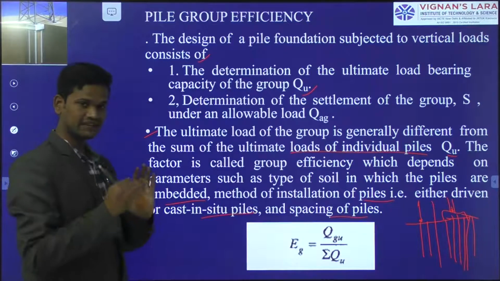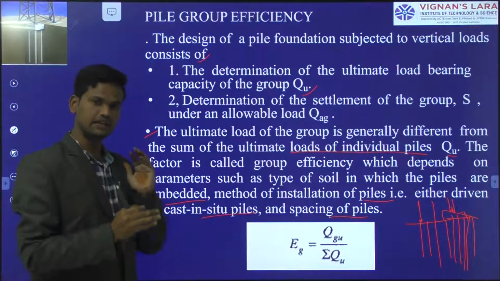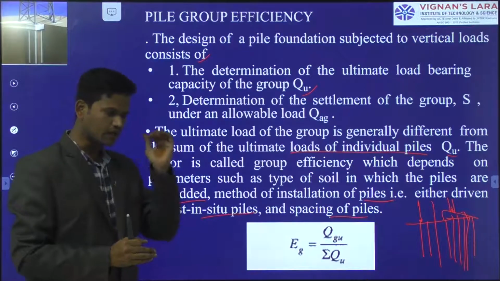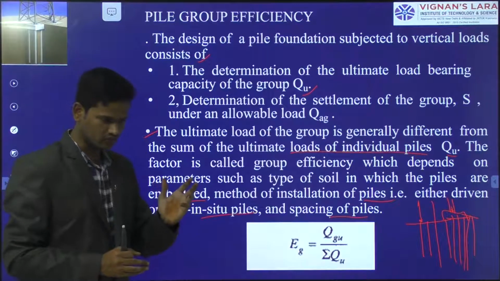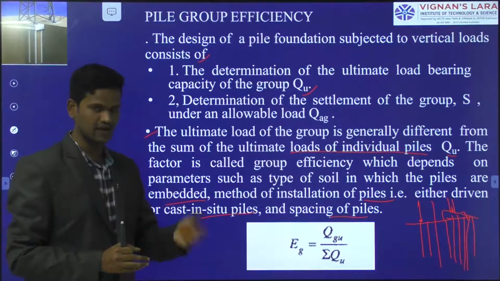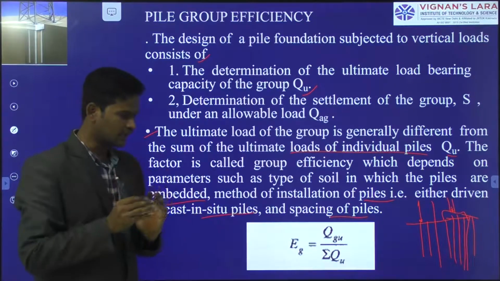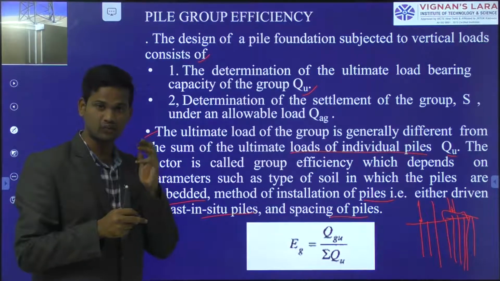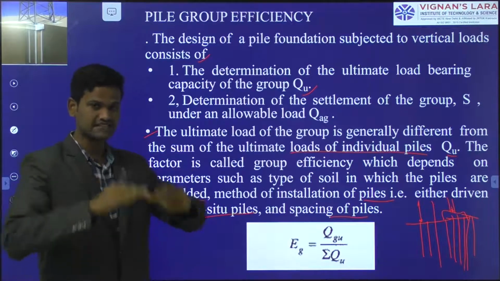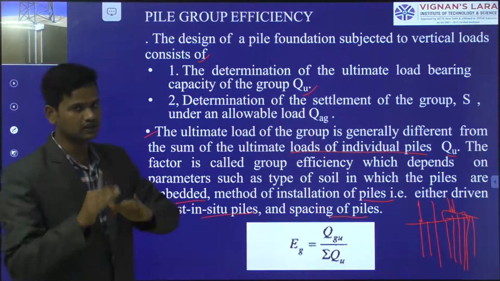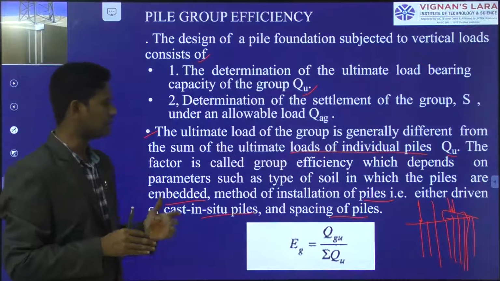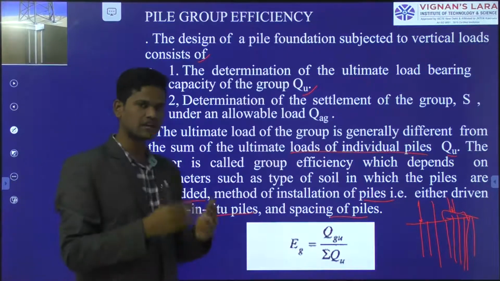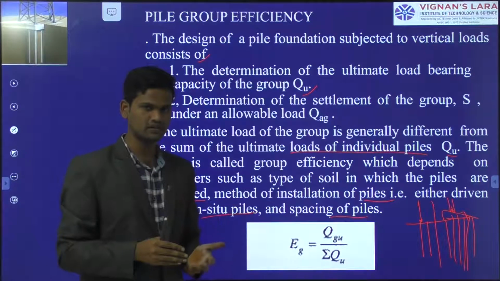For the individual piles, what type of pile you are providing to the underground soil, what method of driving you are using, and what type of soil is available at the particular ground surface while inserting the individual pile, the group action of the piles will also depend on these parameters.